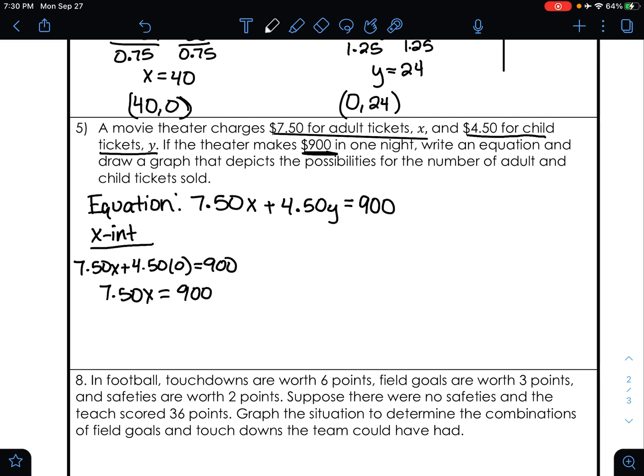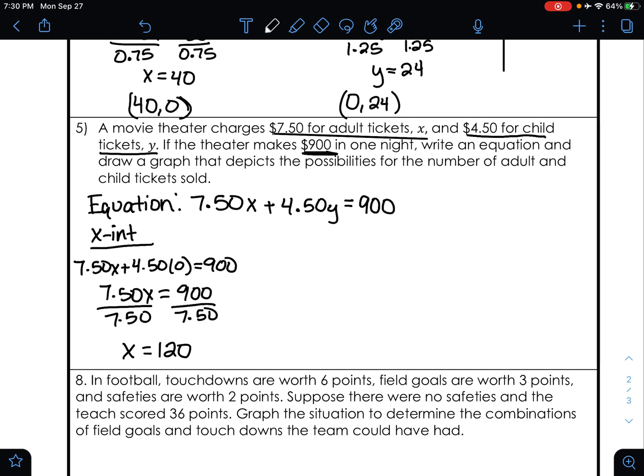I need to divide both sides by 750. And that tells me that x would equal 120, which means I could buy 120 adult tickets and 0 children's tickets and make $900 at the theater.